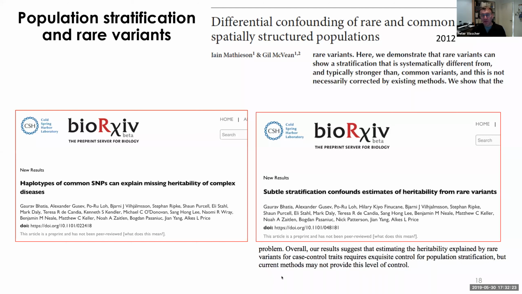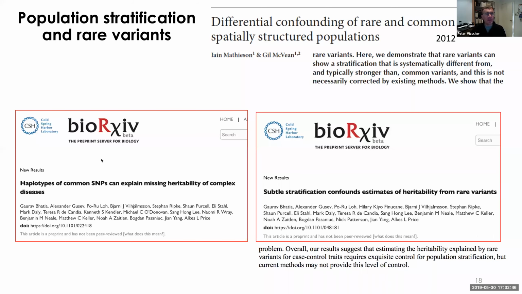But current methods may not provide this level of control. And to my knowledge, neither of these papers have been published subsequently in a peer-reviewed paper, but they're a very important reminder of the possible effect of subtle population stratification. So what did we do to look at that?